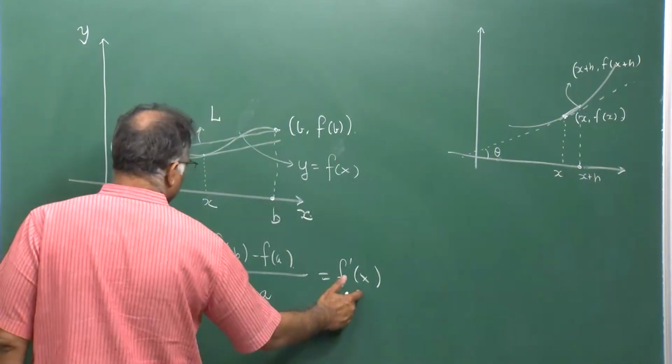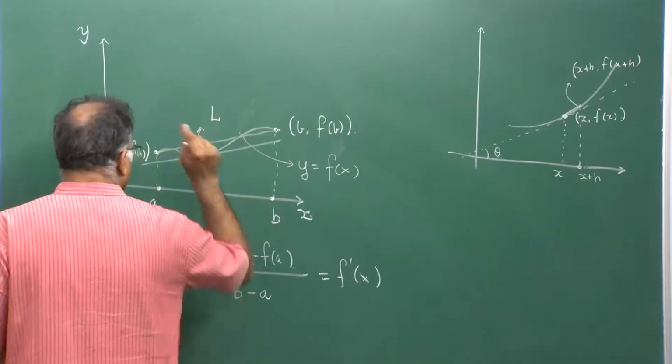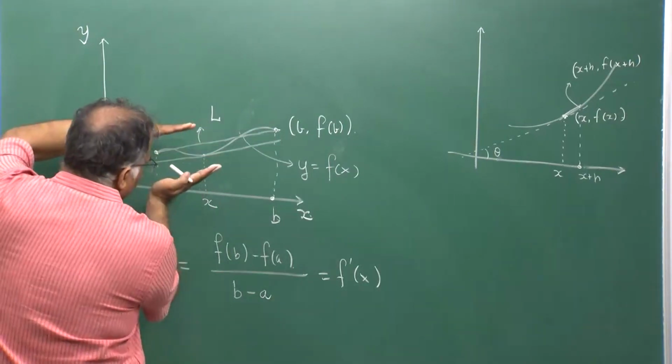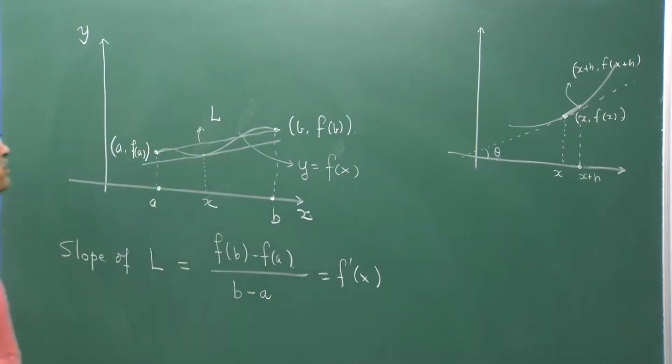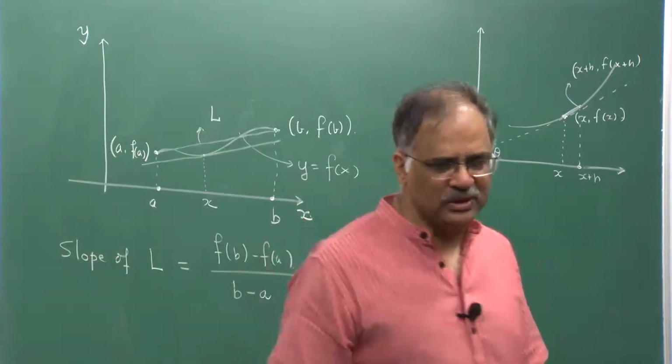Which means that the slope of the tangent to the graph at the point x must be the same as that of L. These are two different lines, but they have the same slope, and hence they must be parallel. So, basically there must be a tangent to the graph of the function f which is parallel to the line L. That is the meaning of the statement.